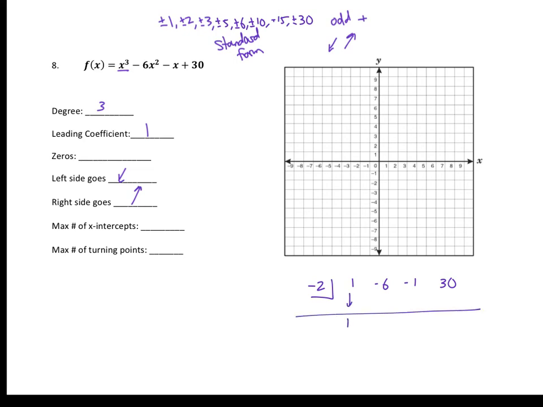That gives us -2 times 1 is -2. -2 times -8 is positive 16. -1 plus 16 is 15, so we're going to multiply that to get -30. So now we know that -2 is a 0. We've got x squared minus 8x plus 15.